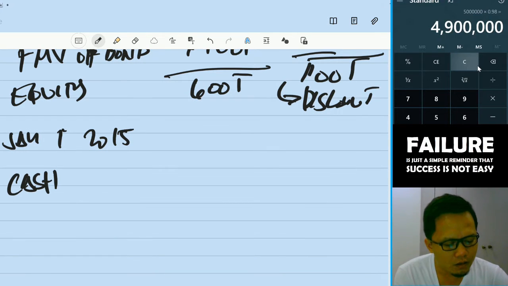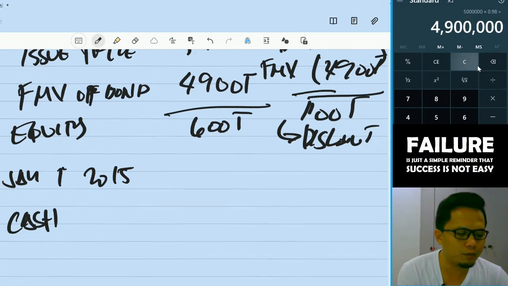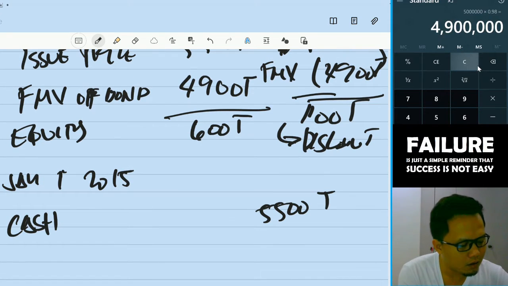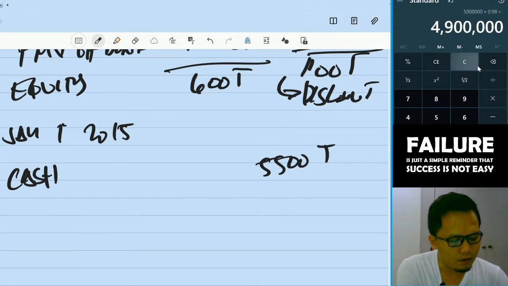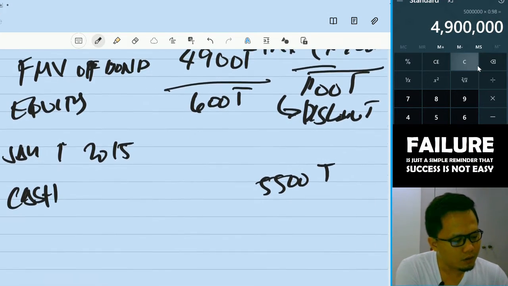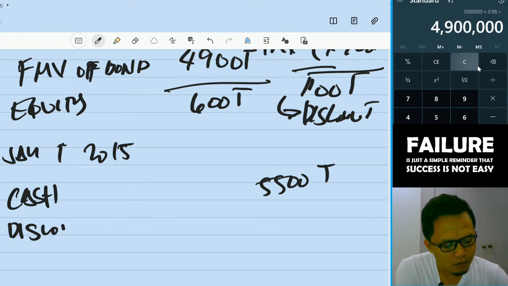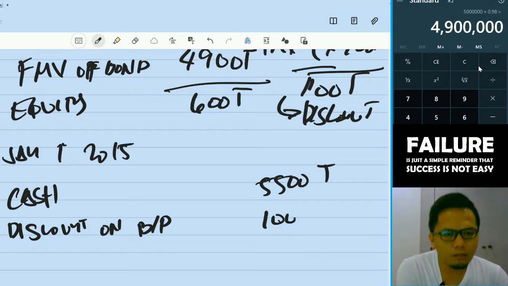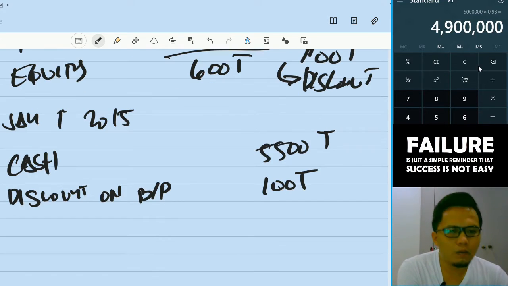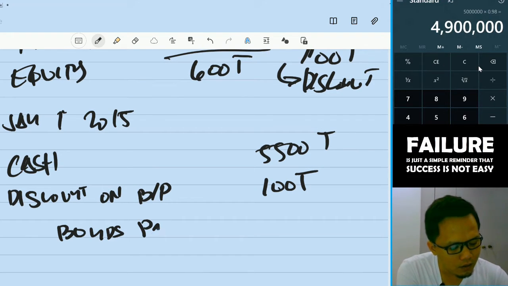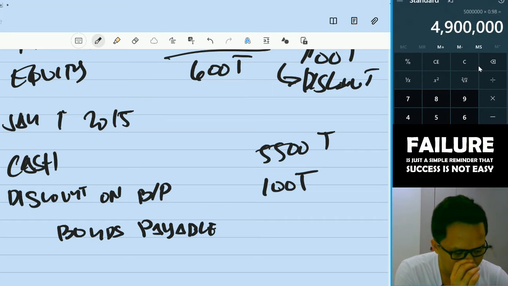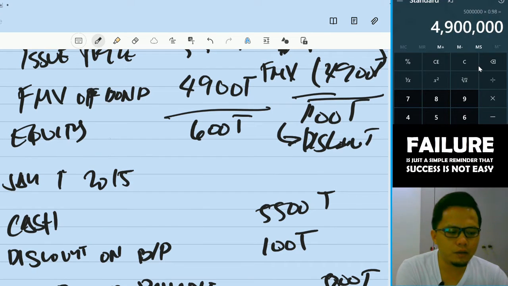Debit, cash, at issue price, 5,500,000. Because we have a discount, debit, discount on bonds payable, 100,000. Credit, bonds payable at face amount, 5 million.